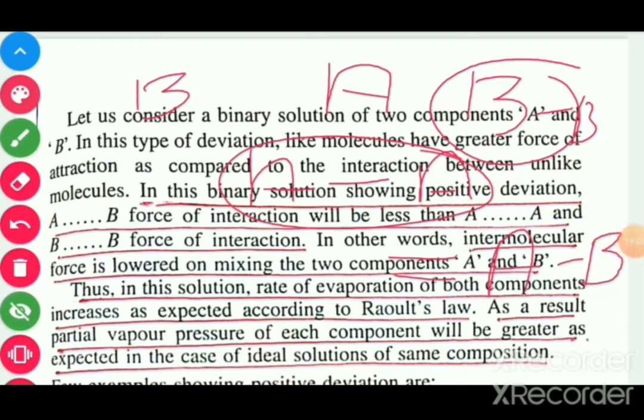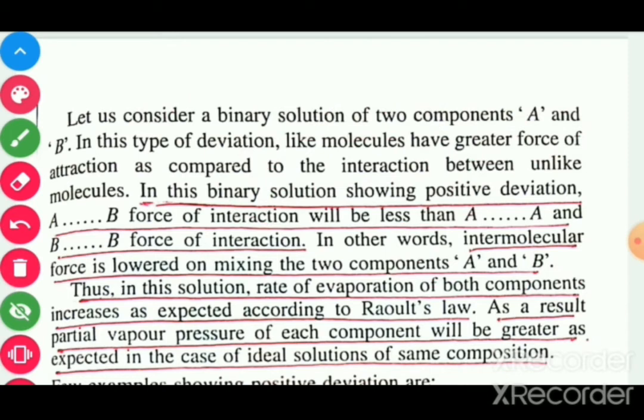But in positive deviation, when the solute and solvent mix together to form a solution, the interactions between solute and solvent particles are found to decrease. Due to this decrease, the vapor pressure is found to increase. Therefore, such non-ideal solutions show positive deviation from ideality.